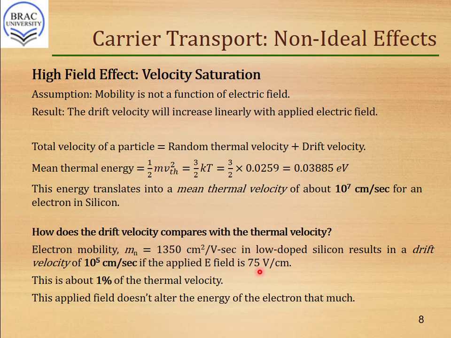So if the collision between the electrons is increasing, then what happens is, after a certain amount of applied electric field, we expect the energy to increase, but with the increasing energy, the collision between the electrons is also increasing.